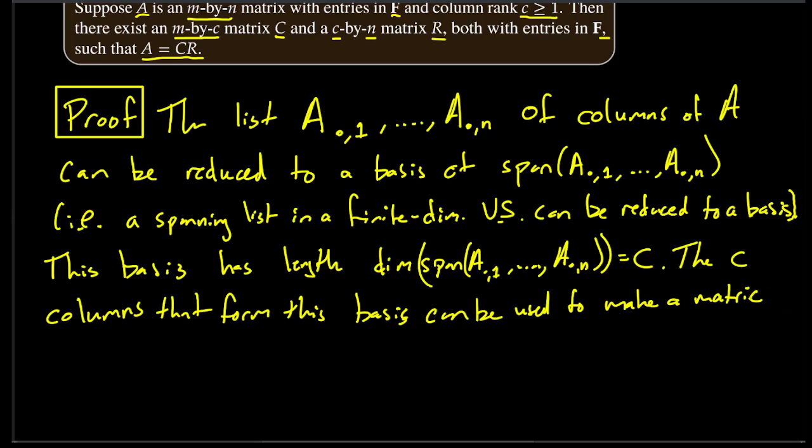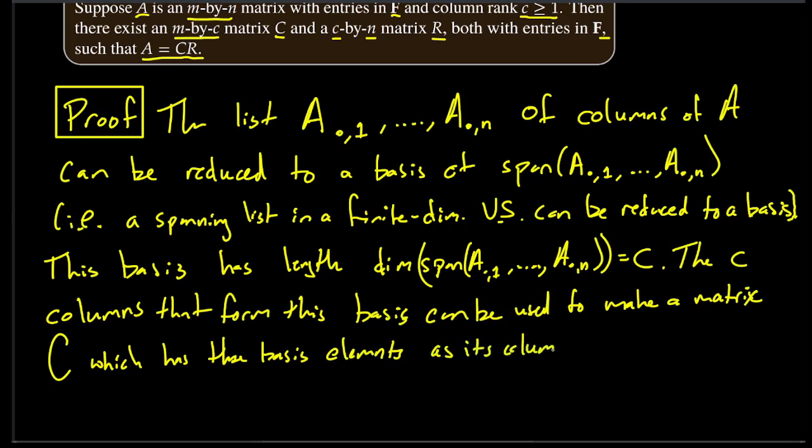I'll call it C, big C. So this is a big C. It can be used to make a matrix C, which has these basis elements as its columns.